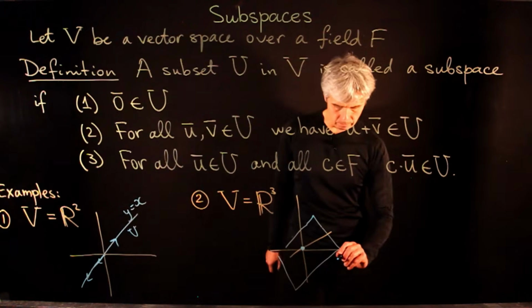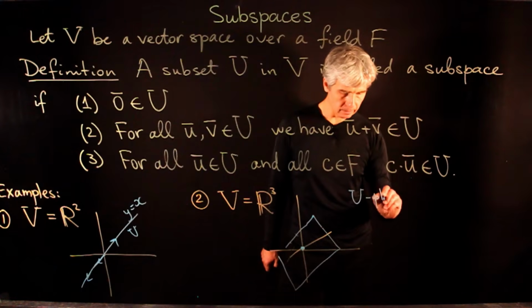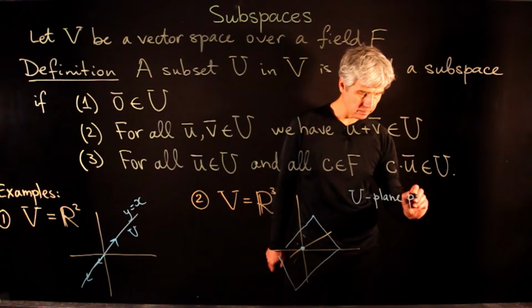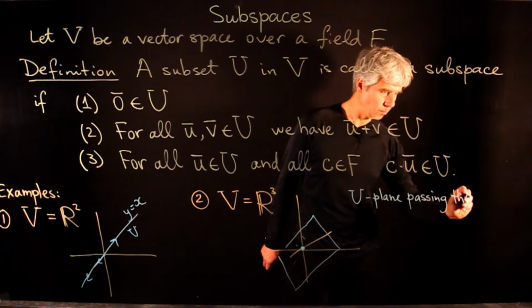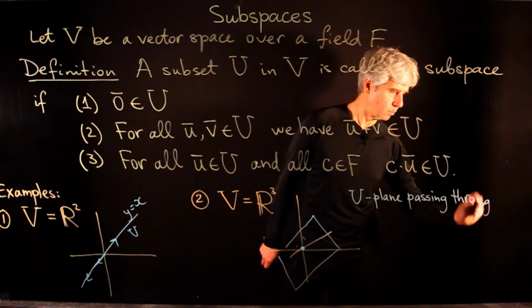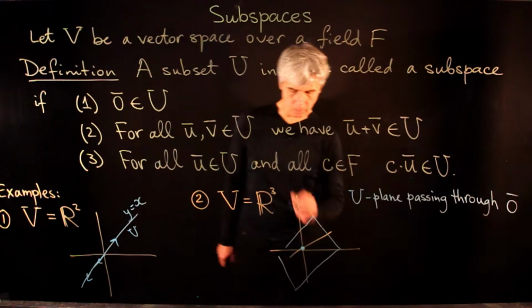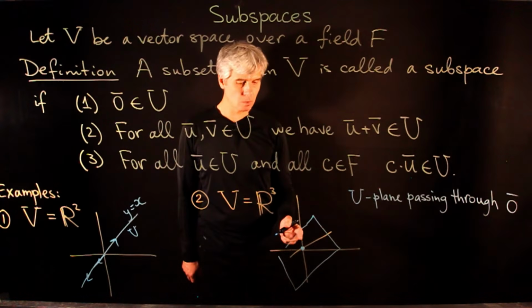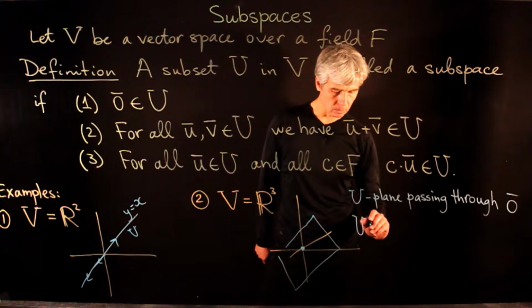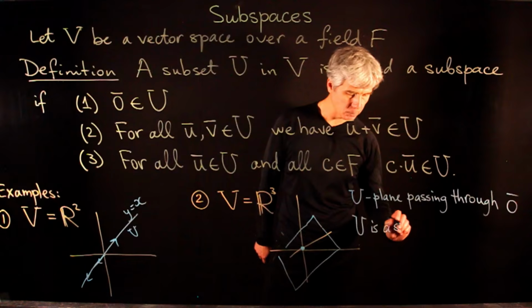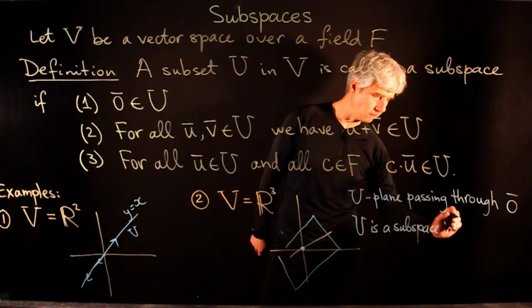So U is a plane passing through 0, so the origin. So we claim that U is a subspace in R3.